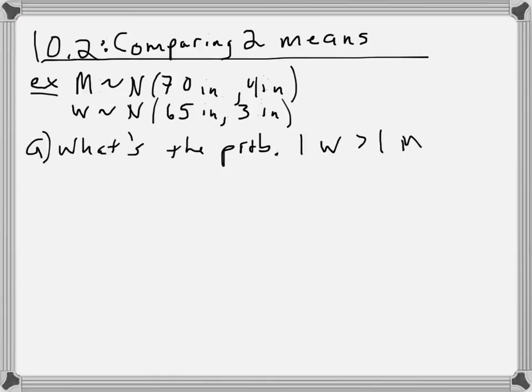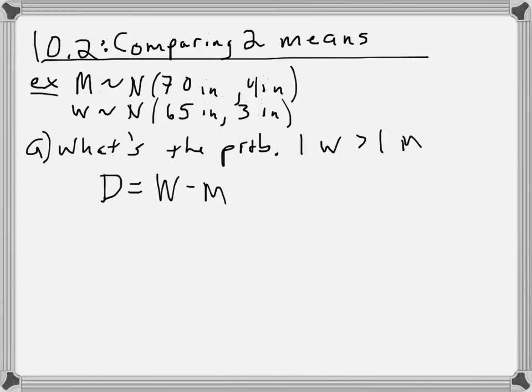So what we said here is that we're going to create this new random variable, and I'll call this D for the difference. And maybe in this case, it'll be the men minus the women. Which, all right, you're right, I'm not being sensitive here. I'll do the women minus the men.